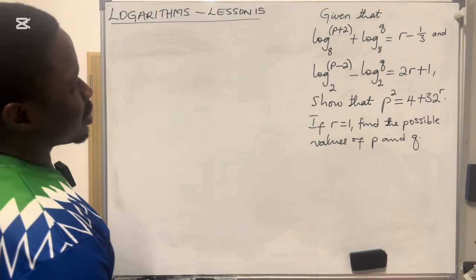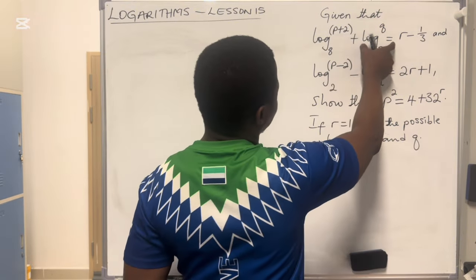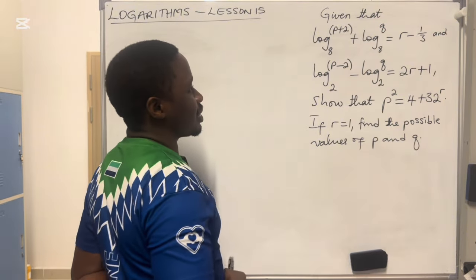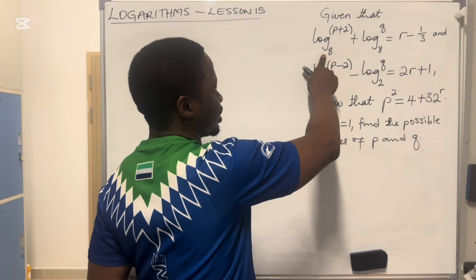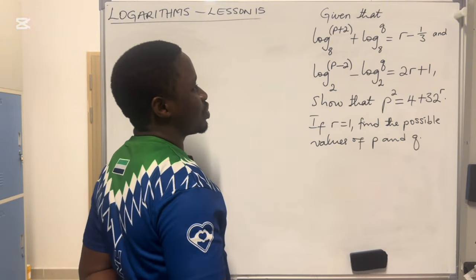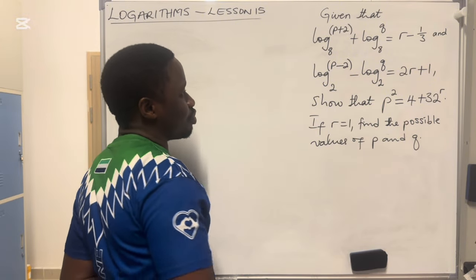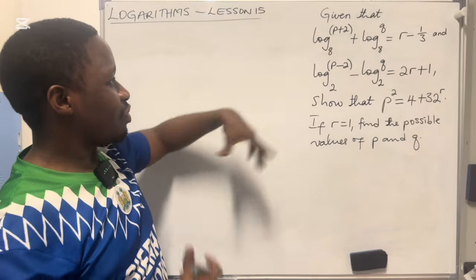Okay, so what we do is, this equation, the log that is there is in base 8, as well as this log here, base 2. So it's somehow tricky for us to combine them in form of log.